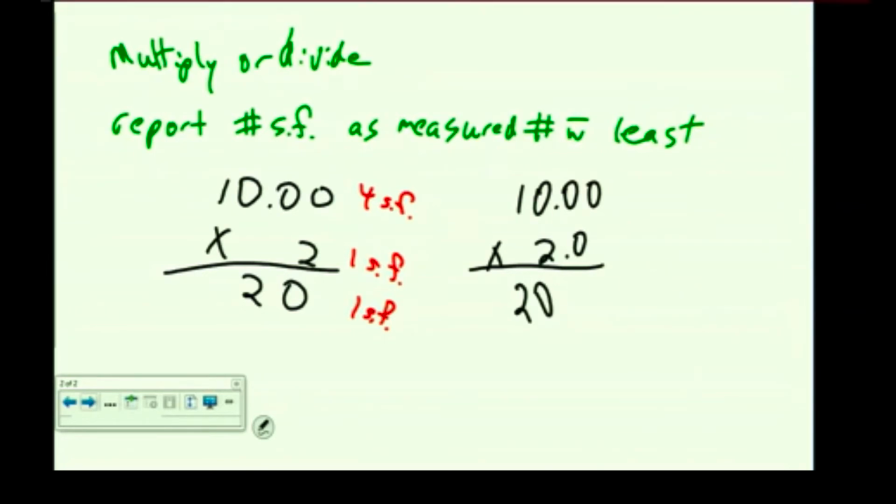There are 4 here, and 2 here. So I need to have 2 in the answer, because 2 is less than 4, right? How am I going to get 2 sig figs out of 20? Just add a 0? No, just a decimal. Just add a decimal, like that. That makes that 0 significant, doesn't it?